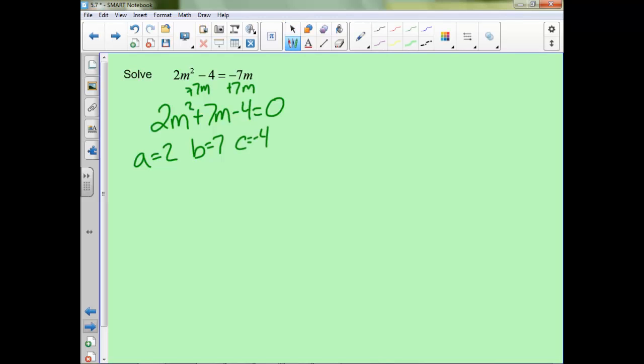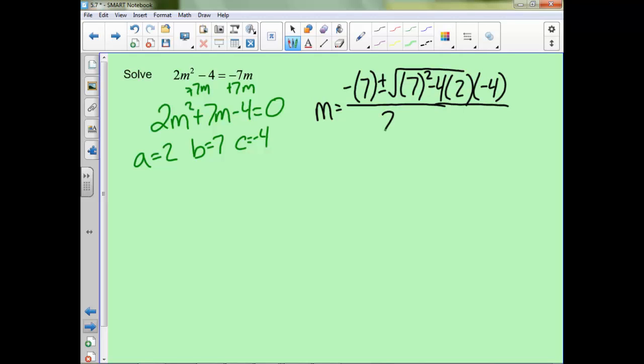So using our quadratic formula, negative b, so -7 plus or minus square root b squared, which is 7, minus 4a, which is 2, c, which is -4, all over 2 times our a, which was 2.